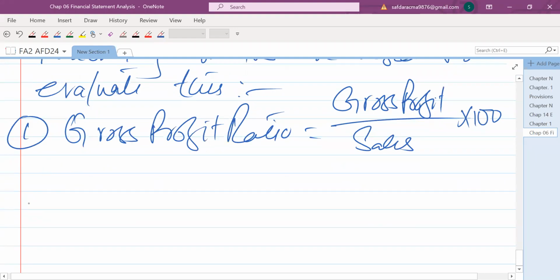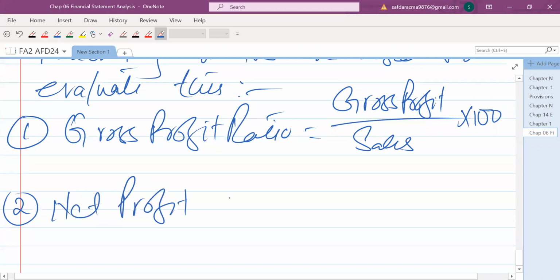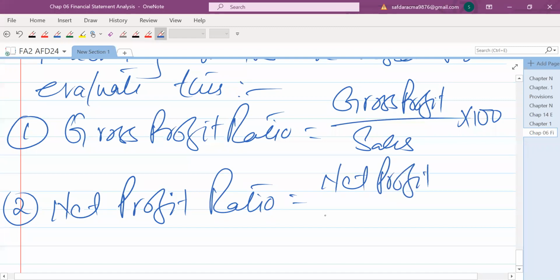Similarly, there is another one, net profit ratio. Net profit ratio means net profit divided by sales. ये फॉर्मूले आपने याद करने हैं, ठीक है. नेट प्रॉफिट डिवाइड बाय सेल्स इनटू 100.